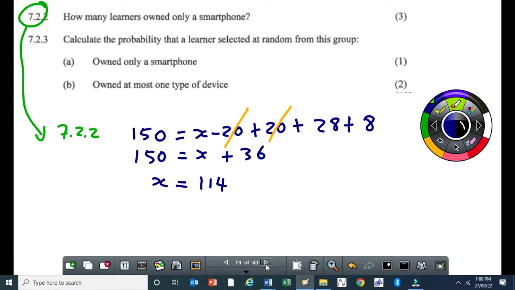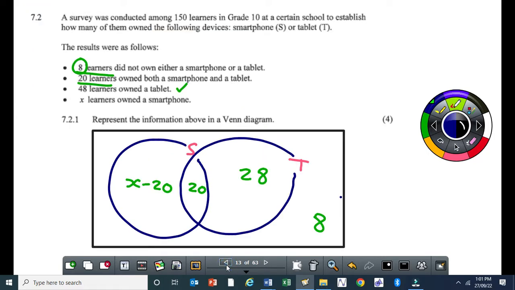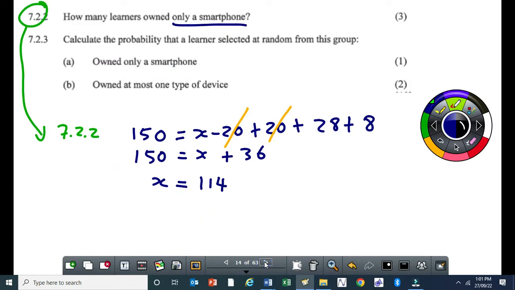Now, to determine those who owned a smartphone only, we then have to subtract 20 from what? No. You see, what are we trying to do here? We are solving for x. We don't know what x is.